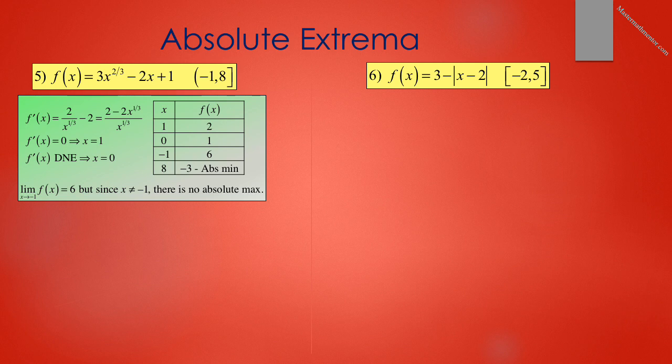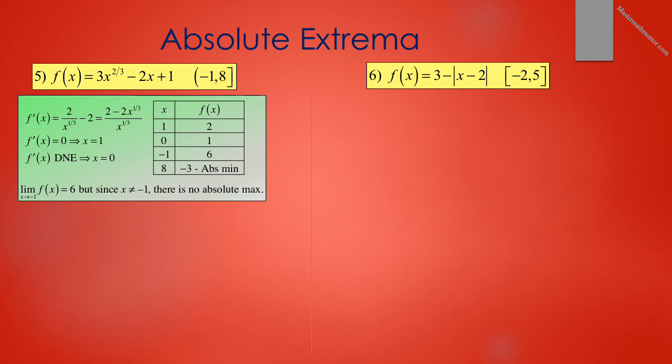The numerator is equal to 0 when x is equal to 1. Our denominator is equal to 0 when x is equal to 0, and therefore the derivative does not exist there. So there are 4 candidates: x is equal to 1, 0, -1, and 8.